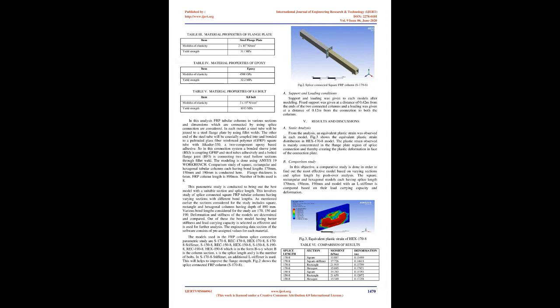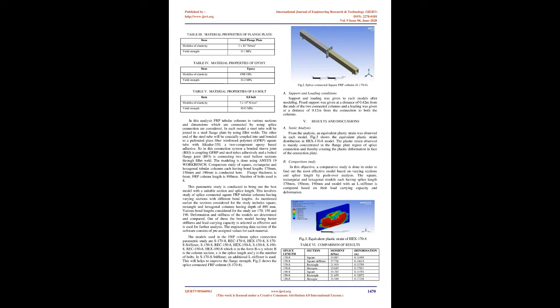Parametric study on splice-connected FRP tubular columns using pushover analysis, to find the best model having better stiffness and load carrying capacity, is aimed in this study. For modeling of the FRP column, numerical modeling of the splice-connected FRP columns was performed by the finite element software ANSYS Workbench.